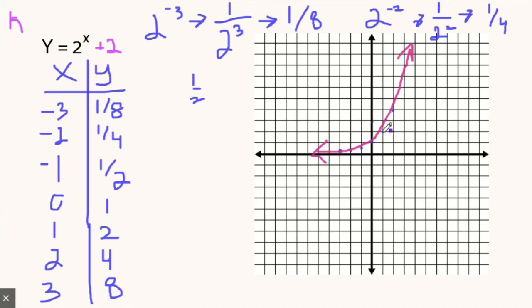This was 2, now it's 2 plus 2, which is going to be right here. And this was 4, 4 plus 2 is going to be here. And this was 1/2, it's going to now be 2 and 1/2. And all these numbers are going to get smaller and smaller as it goes. So our new line is somewhere like this. And that's just going to be the same thing shifted up.